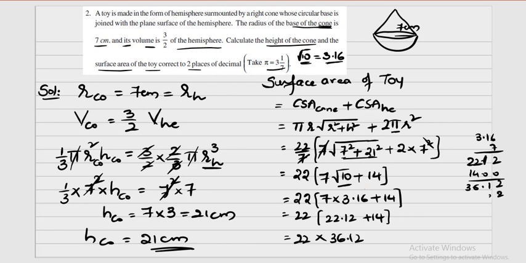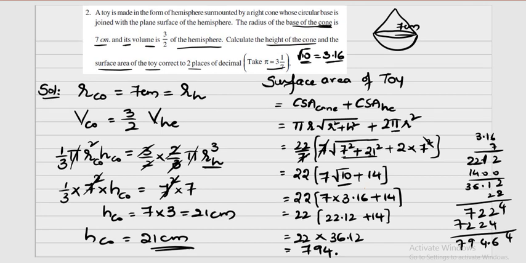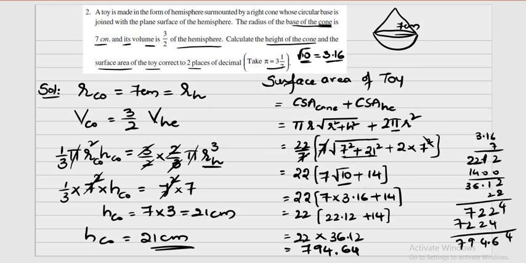So when I multiply with 22, what am I going to get? 2 2s are 4, 2 1s are 2, 2 6s are 12, 2 3s are 6 plus 1 is 7, the same thing that I am going to get in the second line also. So from this 4 6 4 9 7, since we are having two decimal values, I am going to get 794.64 centimeter square.